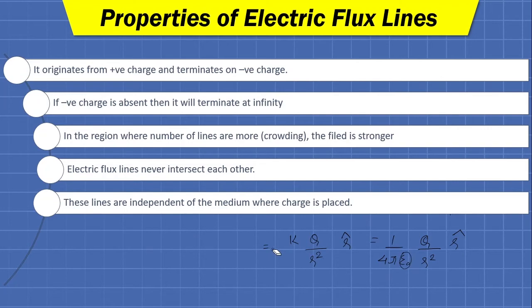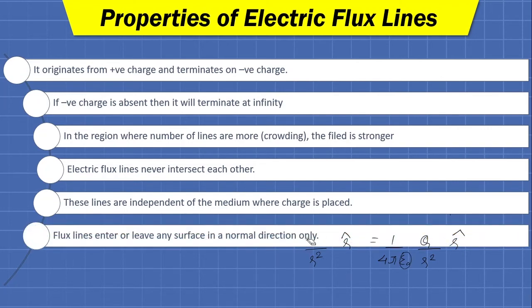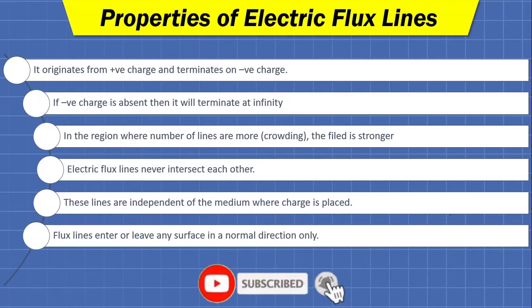Moving further, flux lines enter or leave any surface in a normal direction only. This is not a rigid reality, but if any flux lines do not enter or leave the surface in a normal direction, then the effect of such lines will only be considerable for the normal component.